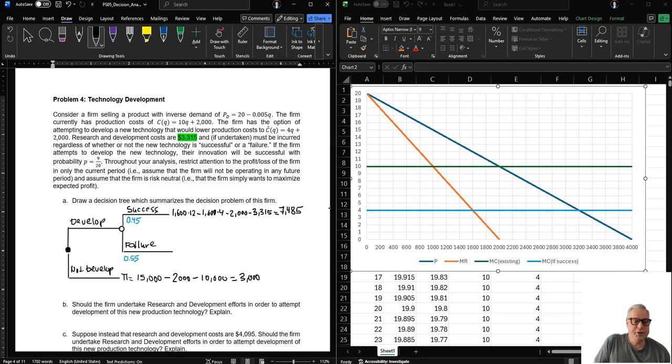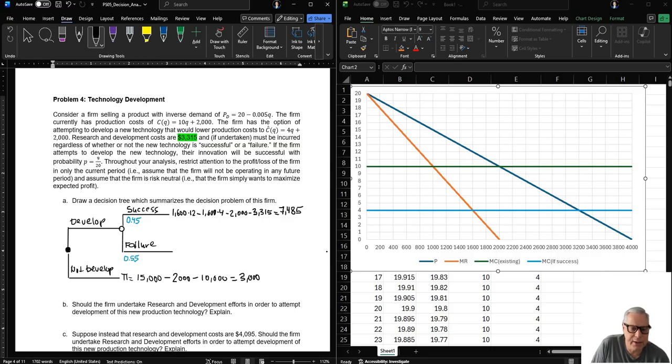And if things fail, then we basically have to operate still with the old cost function. In this case, it would make 3,000, but then the 3,315 were in vain.